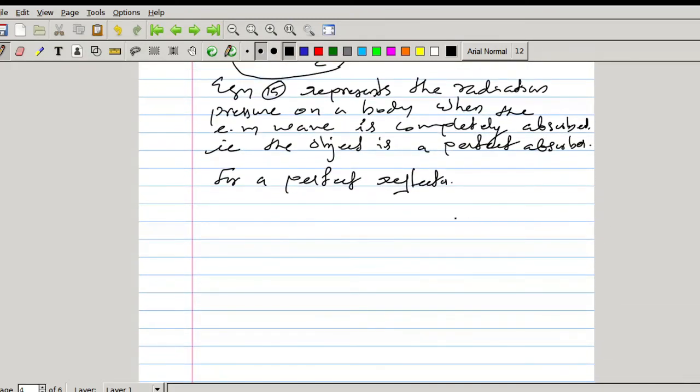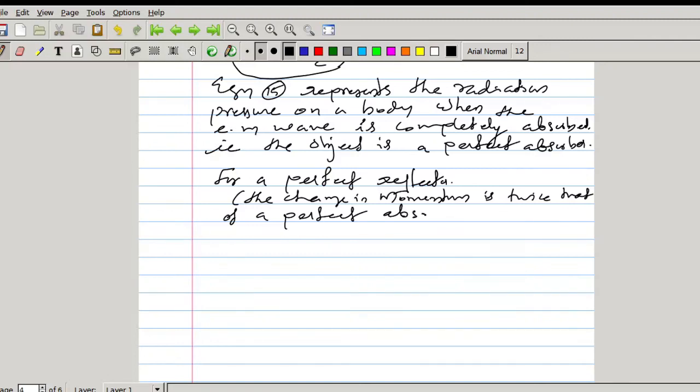The change in momentum for a perfect reflector is twice that of a perfect absorber.